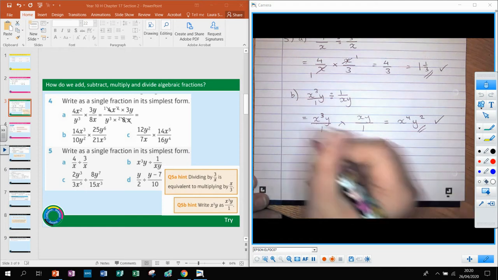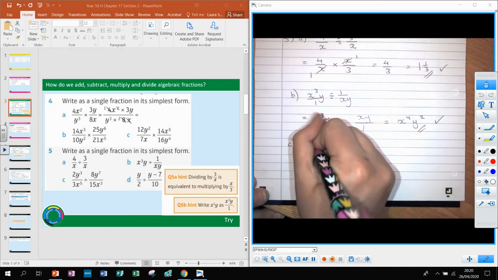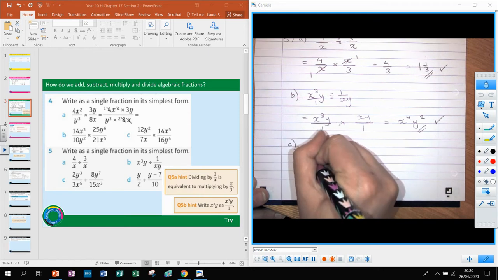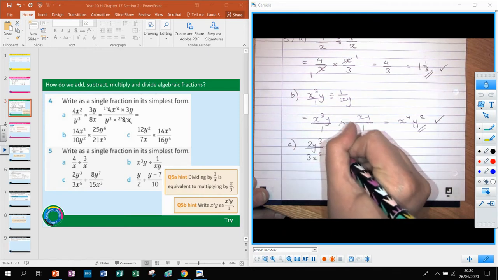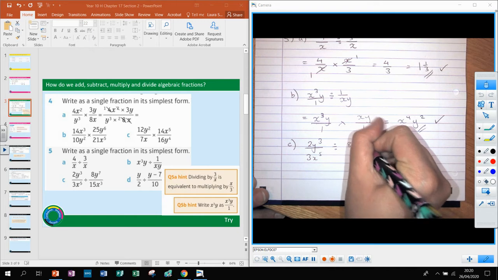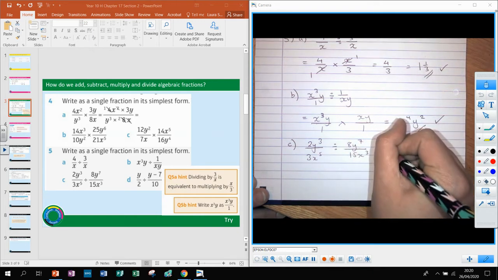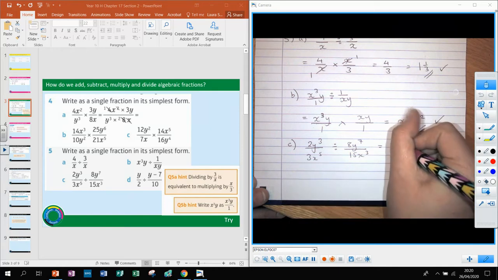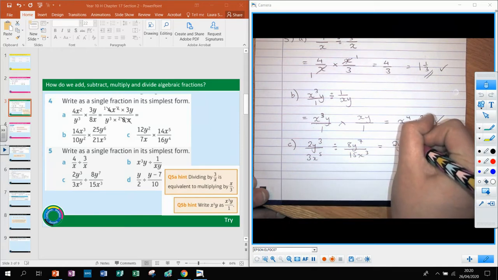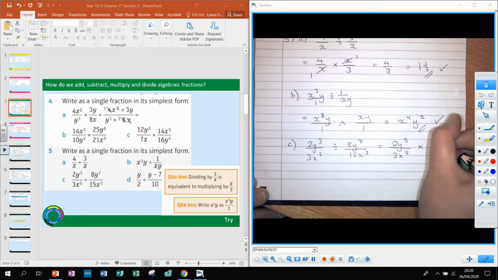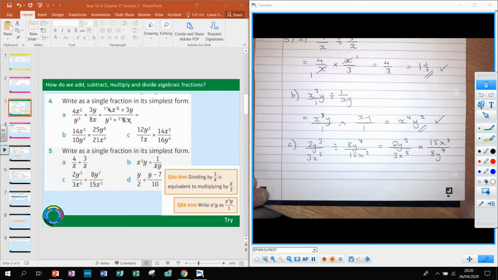Okay, and part C, we had 2y cubed over 3x to the 5 divided by 8y to the 7 over 15x cubed. We need to change that to multiplication, so that is 2y cubed over 3x to the 5 times 15x cubed over 8y to the 7.